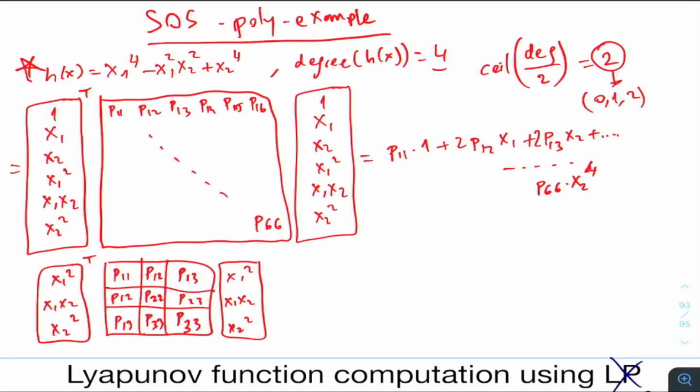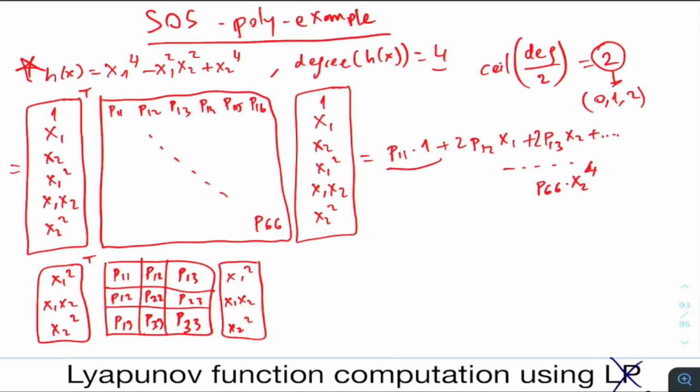And first, to impose the coefficient matching constraints, we are just going to expand this x or M transpose P x expression, right? Starting from P11, P11 times 1. Actually, it's 1 times 1.